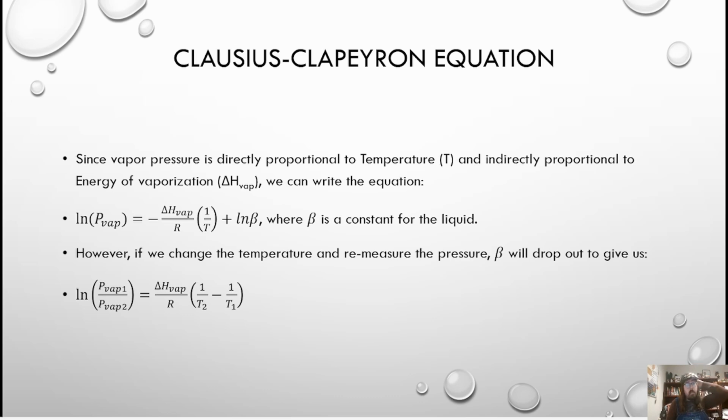And so we get a new equation: the ln of P vaporization 1 over P vaporization 2 is equal to enthalpy of vaporization over R times 1 over T2 minus 1 over T1. You notice we lost the negative because the negative went into the parentheses. Normally it'd be 1 over T1 minus 1 over T2, but by pulling the negative in, you can sometimes reduce complexity.